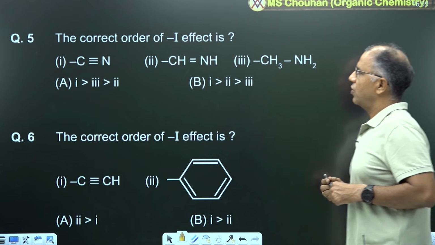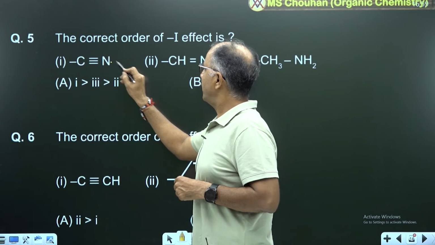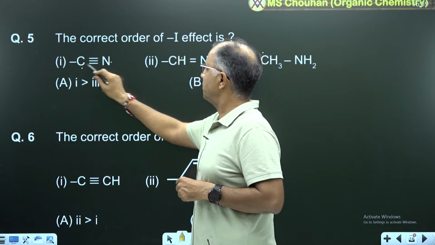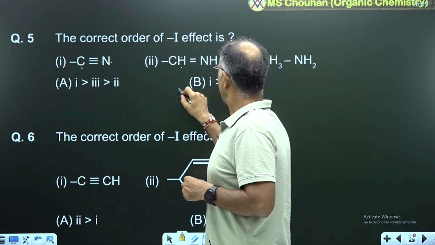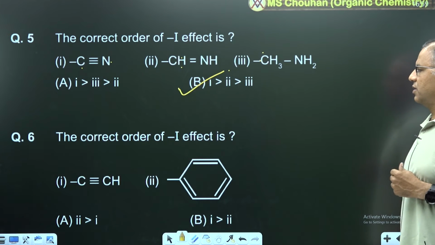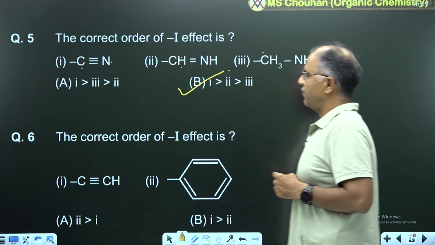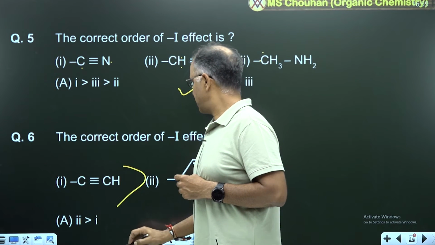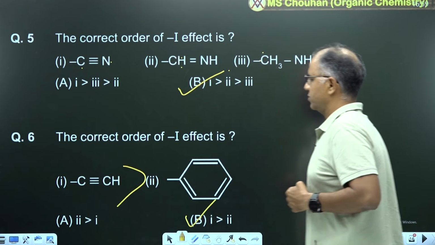In fifth, the order of inductive effect will be 1 greater than 2 greater than 3 because of SP, SP2 and SP3, so the correct answer will be B. In sixth, the correct order of minus I effect is alkyne greater than phenyl, means 1 is greater than 2.